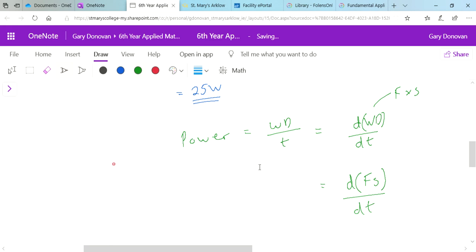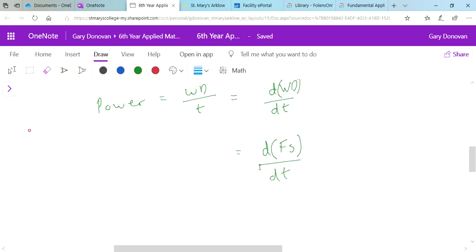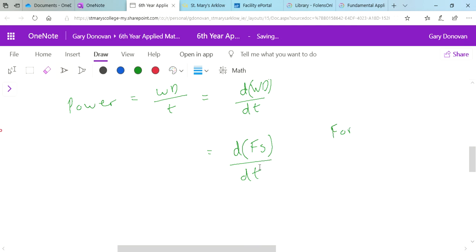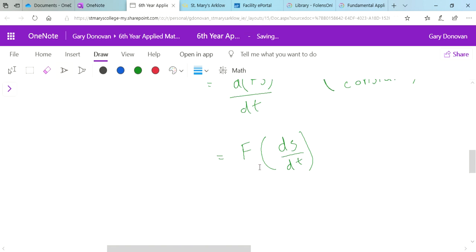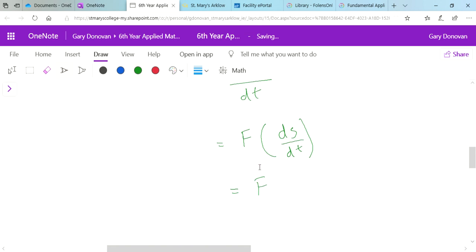Now in all of the questions which involve power, the force is constant. Or at least in the question they tell you that the force is constant. So if the force is constant, we can take the F out of our derivative, and this becomes F ds/dt. And we know that ds/dt is the same as velocity.